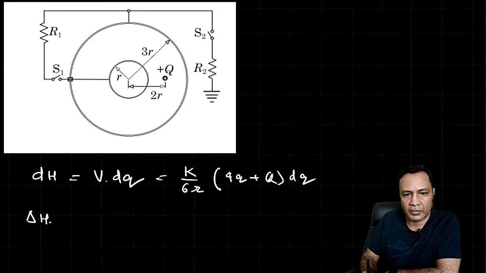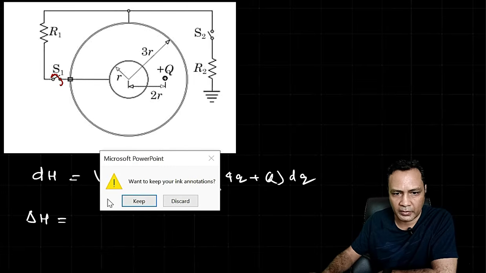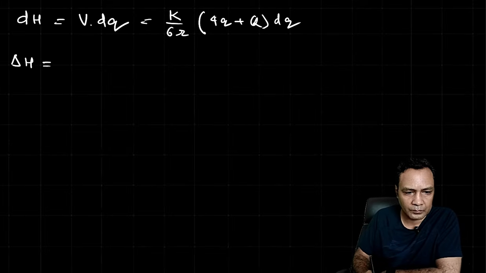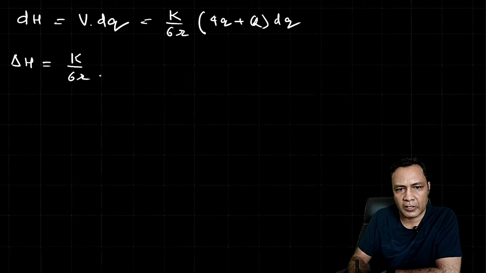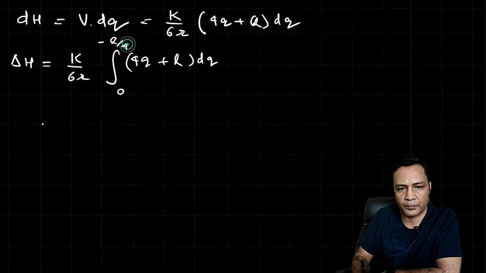Integrate to get the total heat dissipation. I don't want the diagram right now. All right. So this integrated, that is K by 6R, 4q plus capital Q dq, and that integration will go from 0 to minus Q by 4.